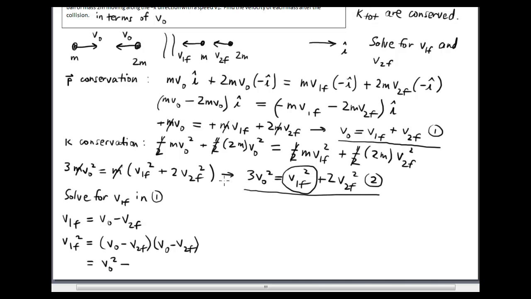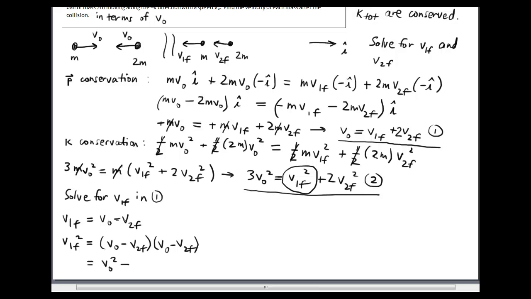what have I forgotten? Look up here. I made a mistake in my equation number 1. It's a good thing I caught this now. I forgot this factor of 2. So my equation number 1 should properly read V0 equals V1 final plus 2 V2 final. So that's all I need to add here. Now, I didn't make that mistake in equation number 2. Equation number 2 is okay. I remembered the factor of 2 there.